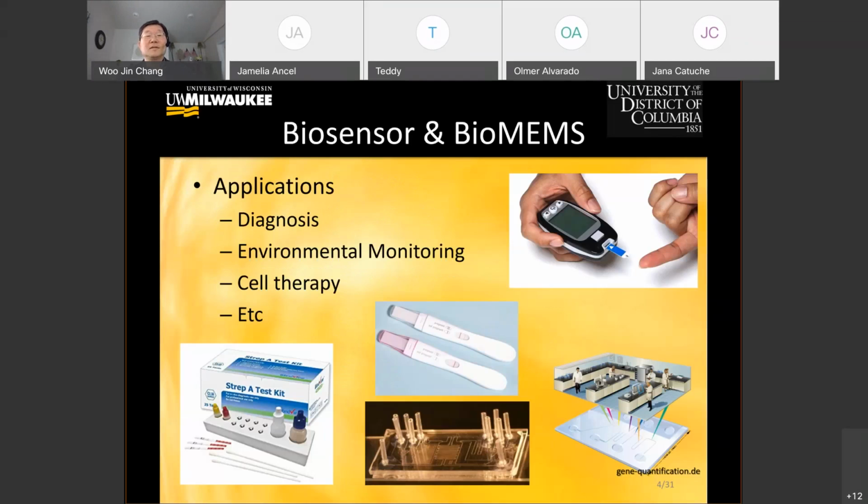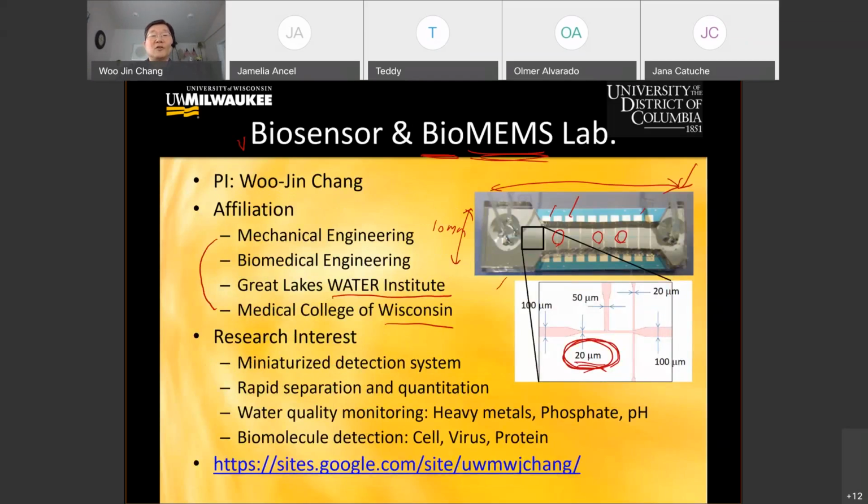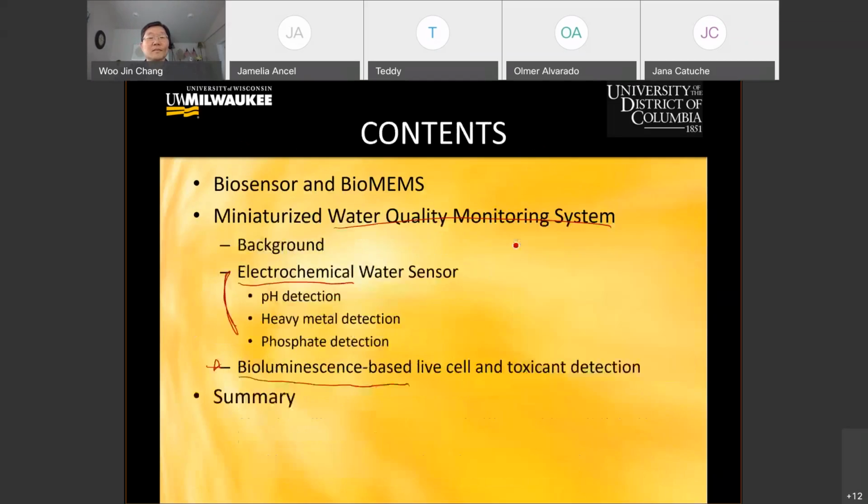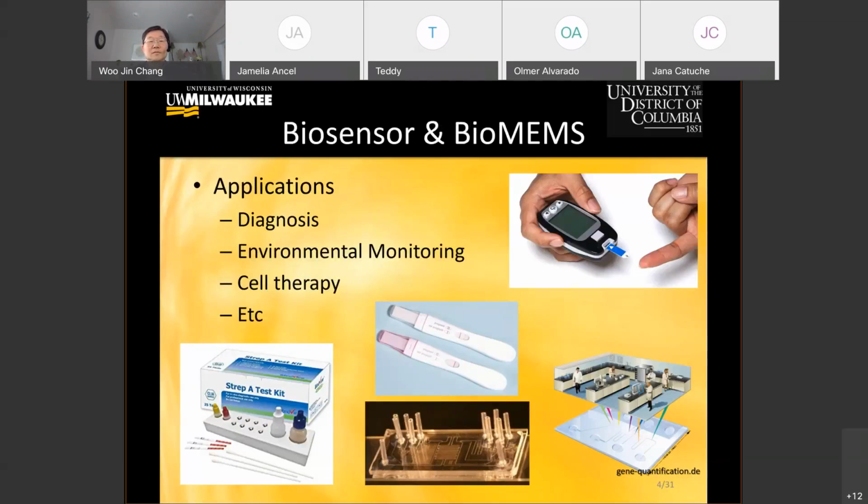Okay, so yeah, I already introduced the example of this biomems device. So you can think about the detection. Whenever you want to know some amount of chemicals or some features like glucose level in the blood, then there will be some sample, and typically it is liquid.